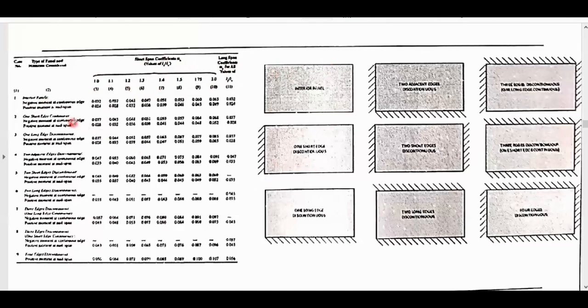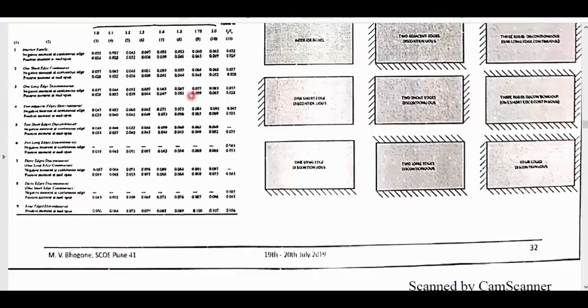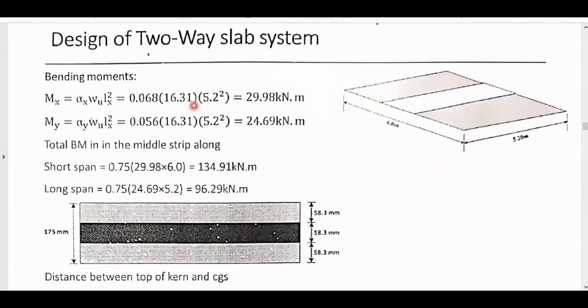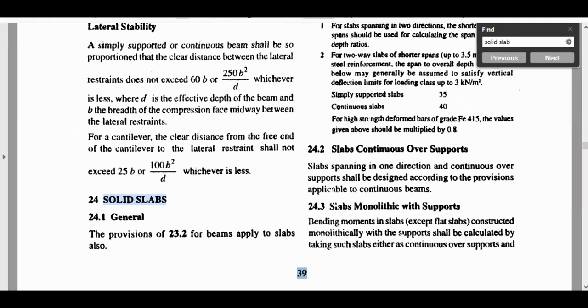And again we have 2 moment coefficients here. One is the negative moment coefficient and another is the positive. So the top values are negative and the bottom values will be positive moment coefficients. We will be obtaining the coefficient from the above table. So again I am going to show the table here in IS 456.